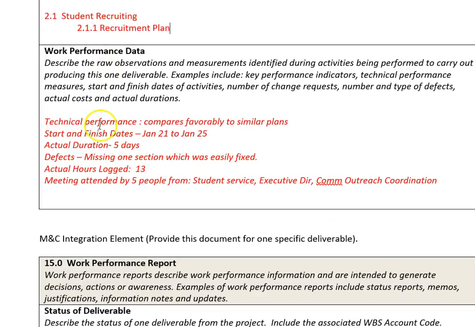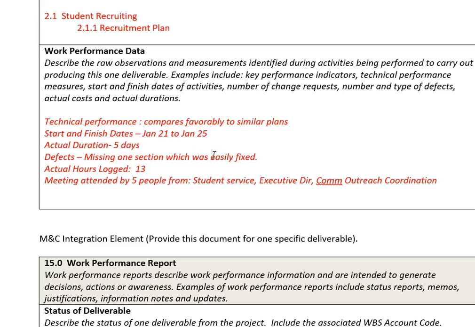So the work performance information that we have is we had some information about how we would tell whether we'd written a good plan or a bad plan. We had a start date planned and a finish date, a duration.